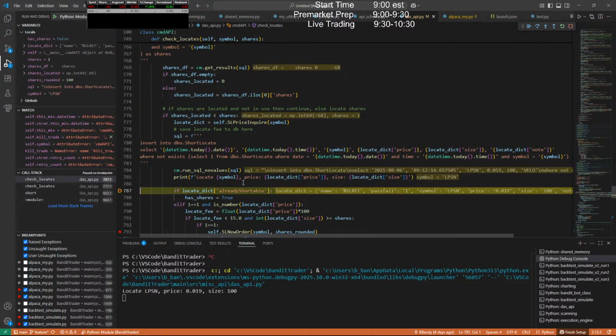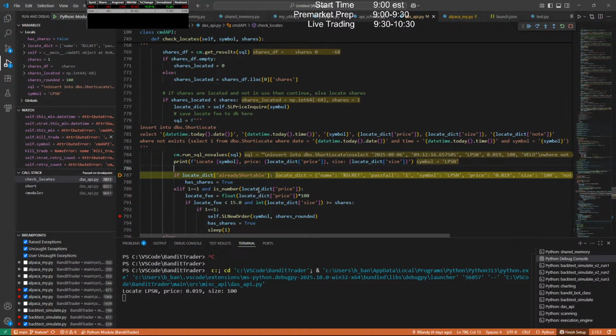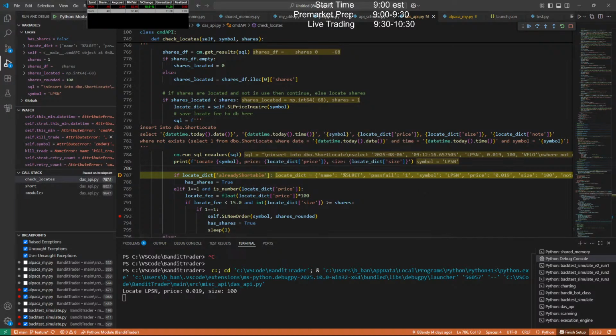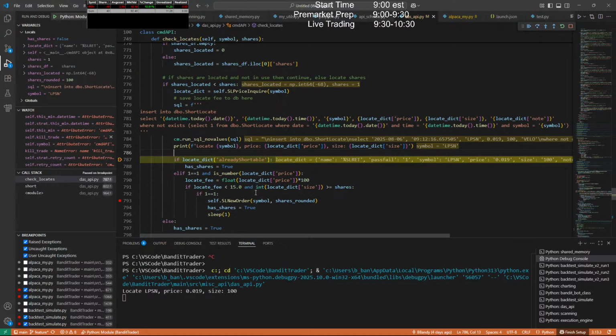So come down here and, yeah, see, this is right. Interesting. So it looks right here, but when it ran live, it wasn't right.